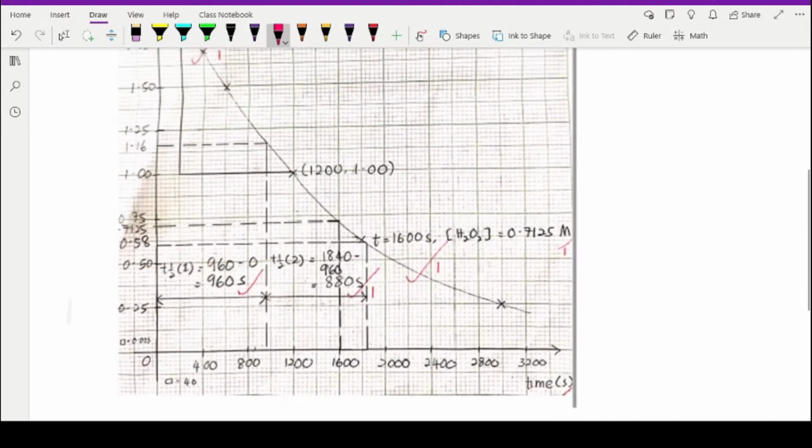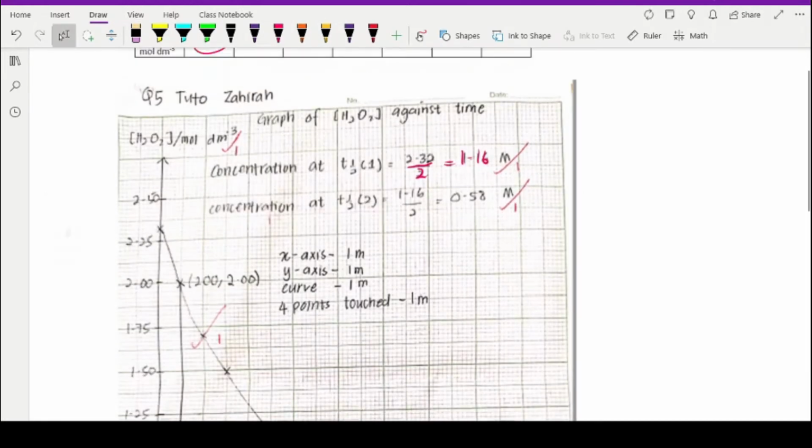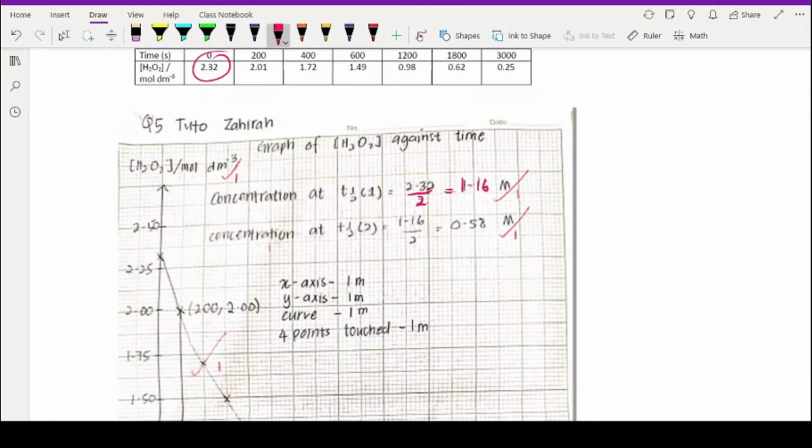So plot your concentration of 1.16. This is the concentration at 1.16. And you must find the time given. The time given is here, that should be 960 seconds.